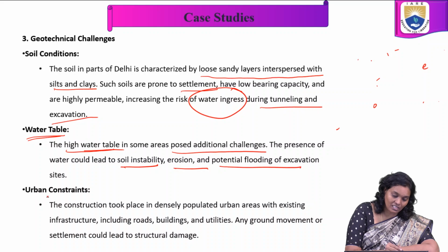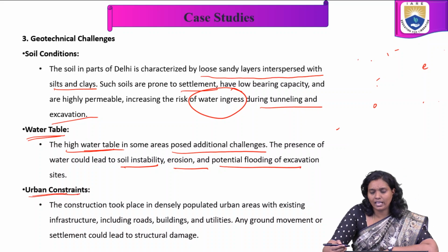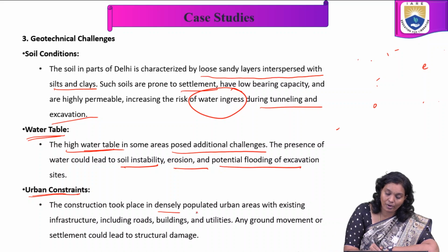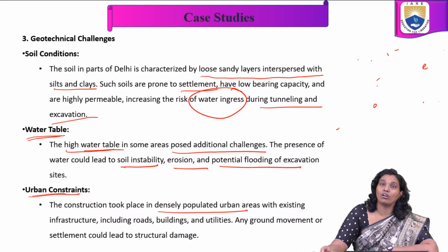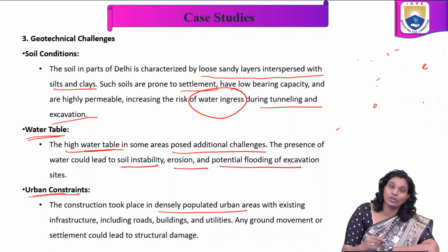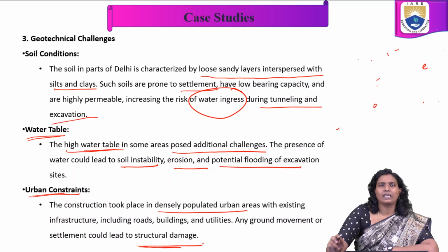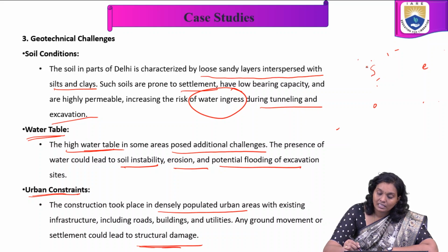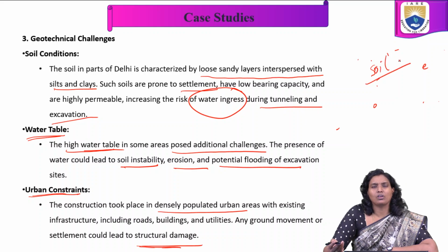So now, urban constraints. In urban areas, the population density is already high. So at the time of construction, we have densely populated urban areas with existing infrastructure, including roads, buildings and other utilities. Any ground movement or settlement could lead to structural damage. It may affect nearby structures also, because of the type of soil, very loose sandy layers which are present in that particular area.